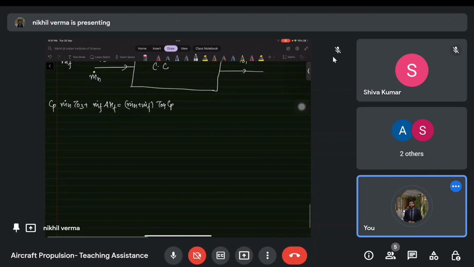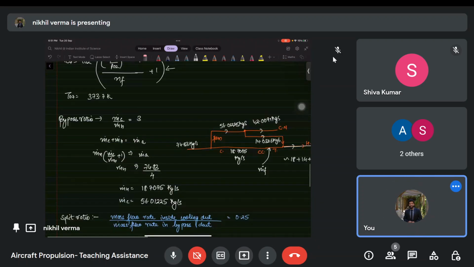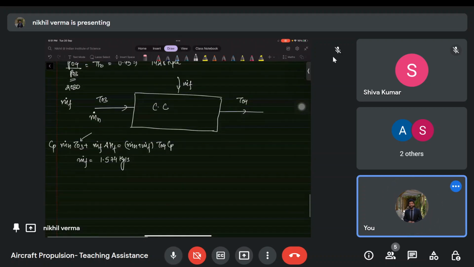So after this, if you calculate m dot f, you will get 1.574 kg per second. Okay. So your T naught 3 is known from the previous equation, that is 724.7, and this is also given, this is 1328 Kelvin.